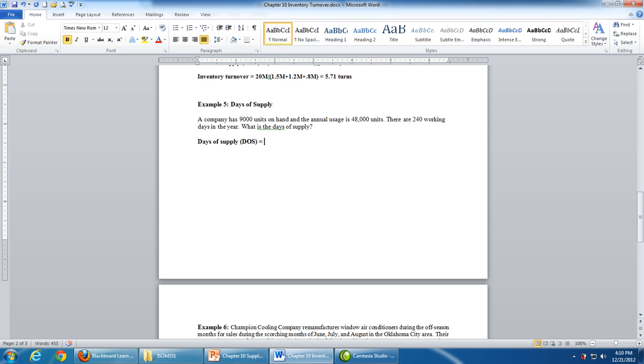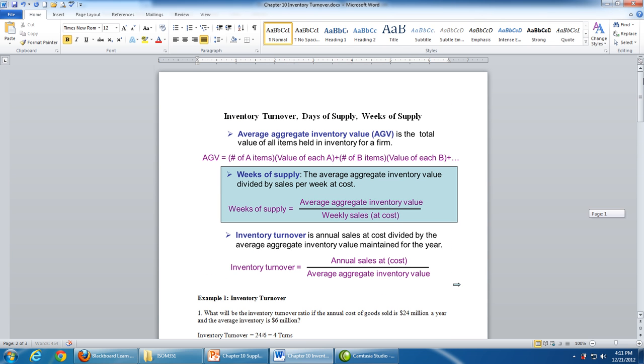Day of supply is equivalent to average inventory divided by weekly sale, meaning that day of supply will be inventory divided by daily sale.